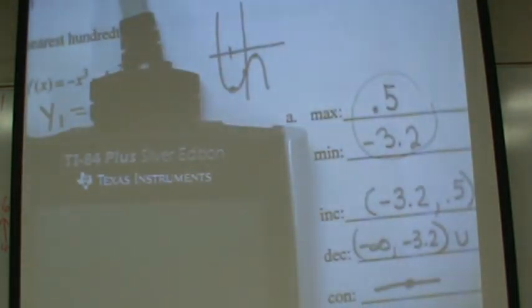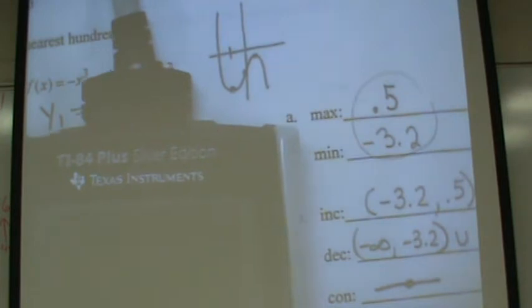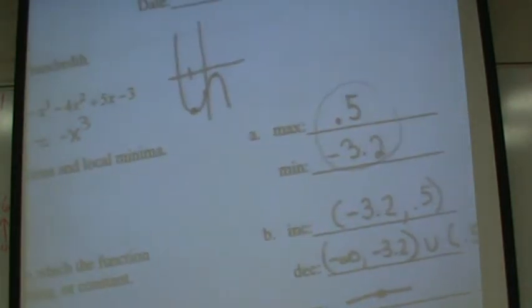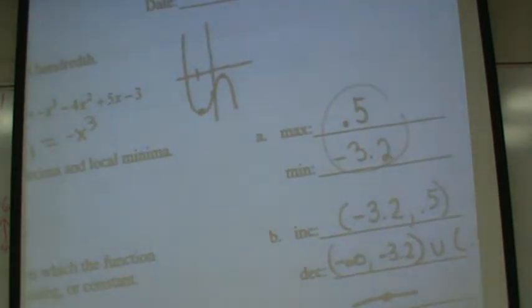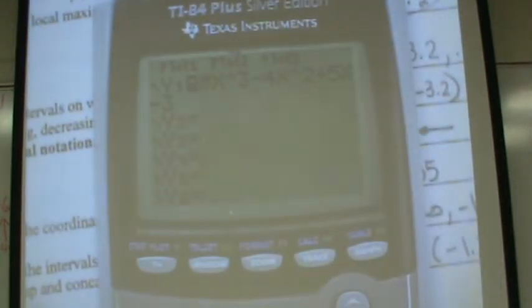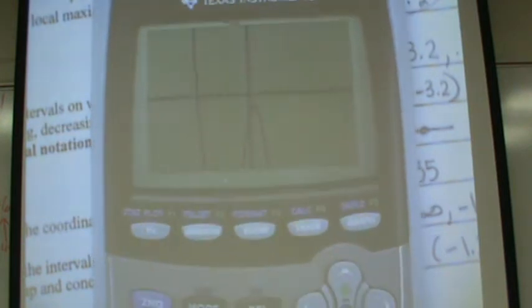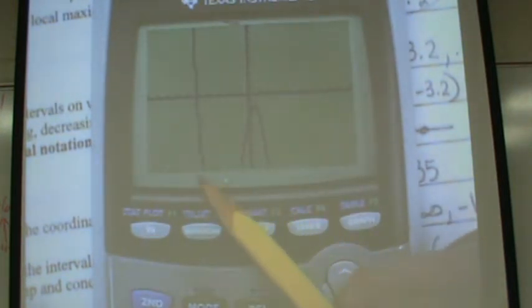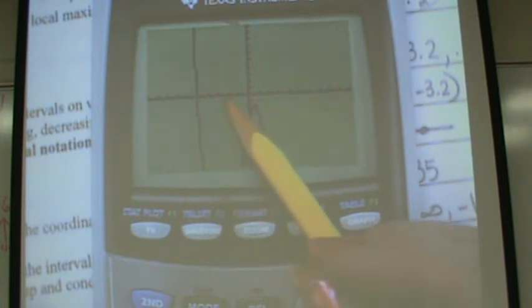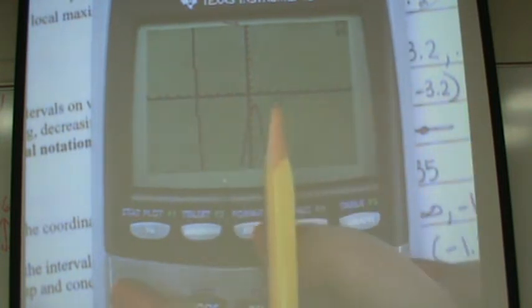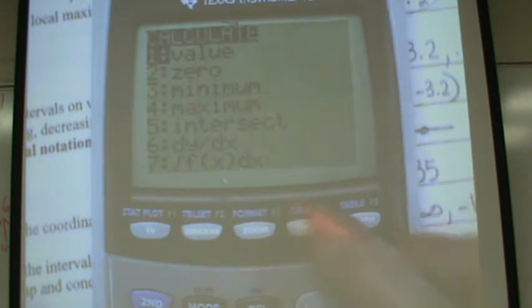So I think I might have this calculator still. Oh, I don't. Oh yeah, I do. What is it? That's the equation, then you hit graph, that's what it looks like. So down here, if this thing is gonna come down, your minimum value, you hit second, calc, and do minimum.